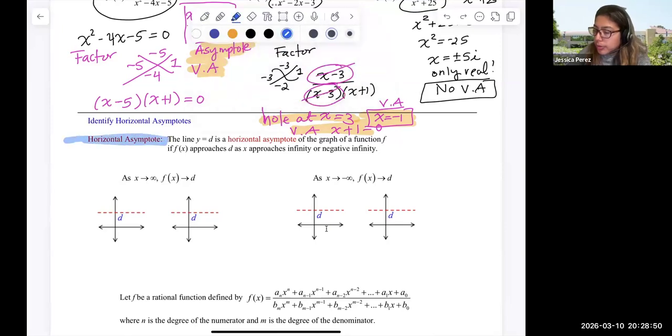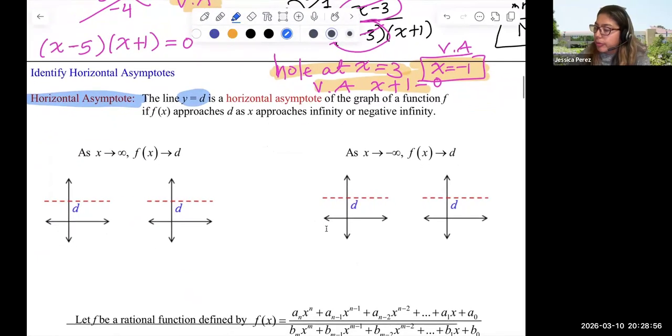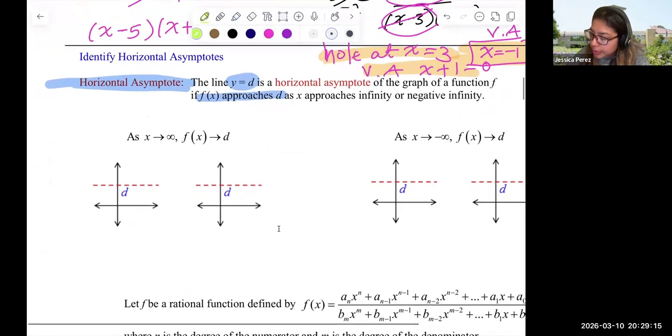So a horizontal asymptote is if you have the equation y equal d. A horizontal asymptote of a graph of a function f is if f of x approaches d. So instead of x approaching the value, it's actually y. So it's going to be now y, or f of x approaches d as x approaches positive or negative infinity. So this means as x approaches positive infinity, your f of x will approach d.